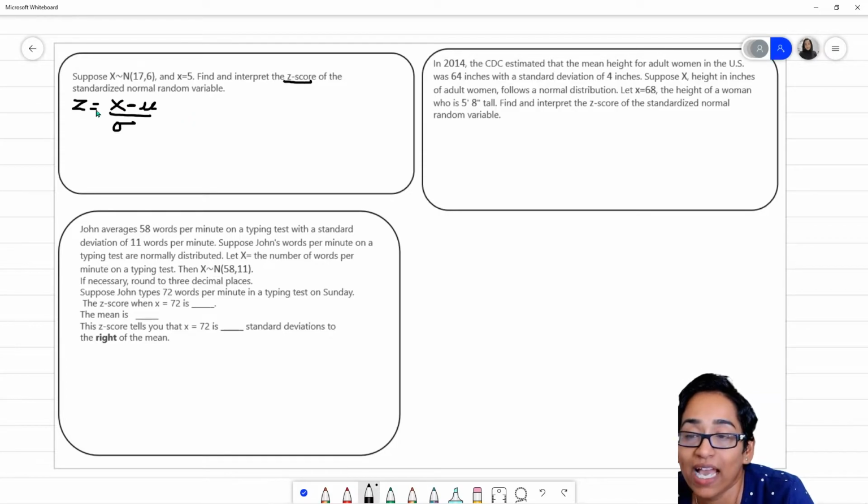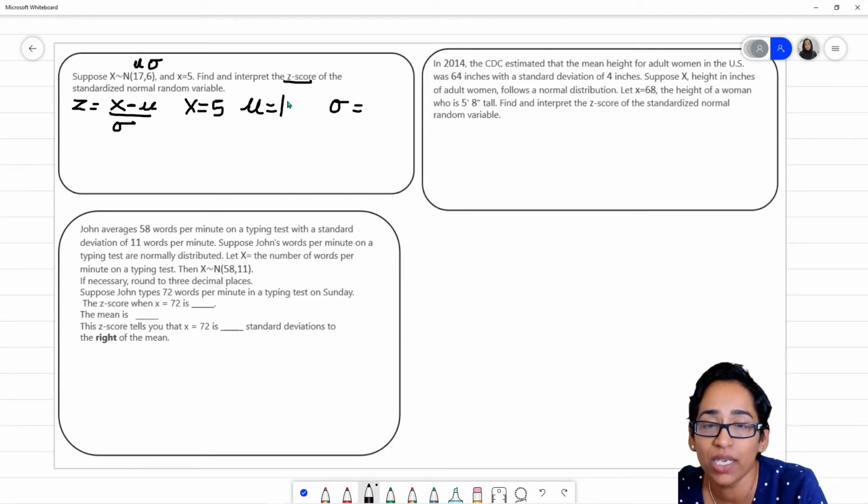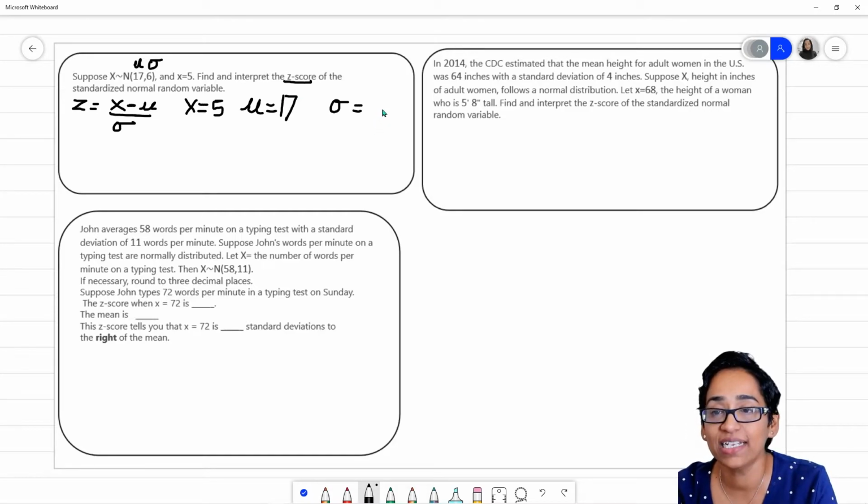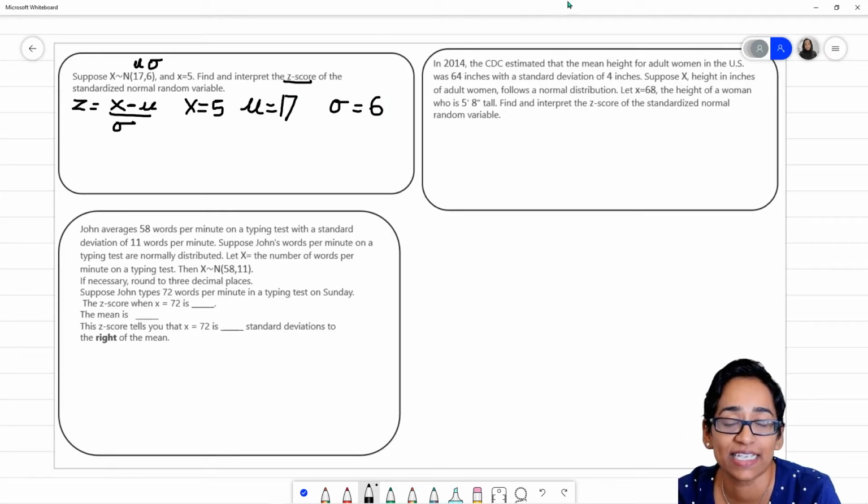So now I have to find my z-score. I start by finding what my x is. My x is equal to 5. I need to find my mu and my standard deviation. According to the formula, the first value is your mu and the second value is your standard deviation. Mu is my mean, which is 17. Standard deviation is 6.